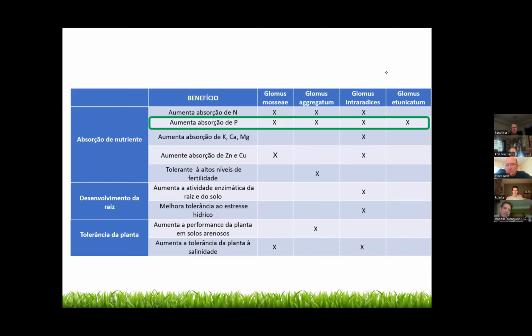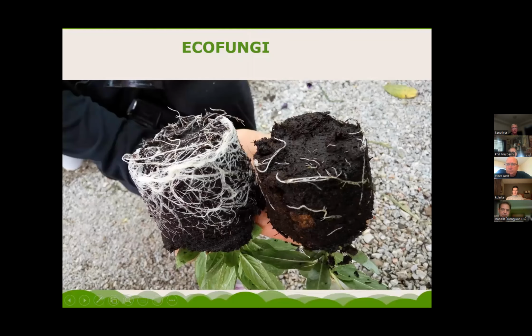And by providing them all, this association of mycorrhiza, we tend to believe we provide all these benefits to the system as the roots are being colonized. This is a typical example of what we see in potted plants when treated with Ecofungi, and this is the control.